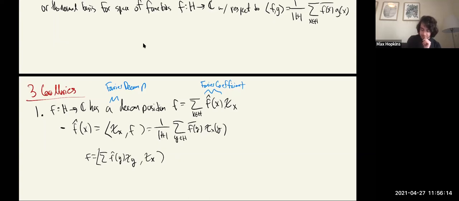Okay, regardless, this is what you should get if you expand out this form. The idea is that all the chi y, chi x terms are zero because it's orthonormal. So this should end up getting you, yeah, this would in fact give you f hat bar, as Shahar is saying.